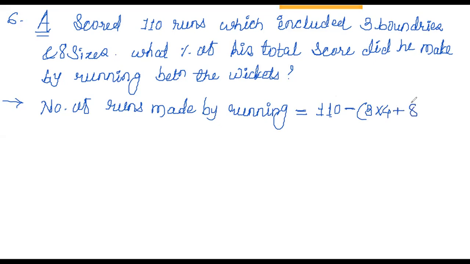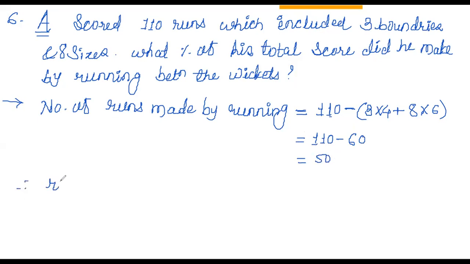So 3 into 4 plus 8 into 6. We subtract this from 110. So it is 110 minus 12 plus 48. It is 60. So 110 minus 60 is equal to 50. Okay.